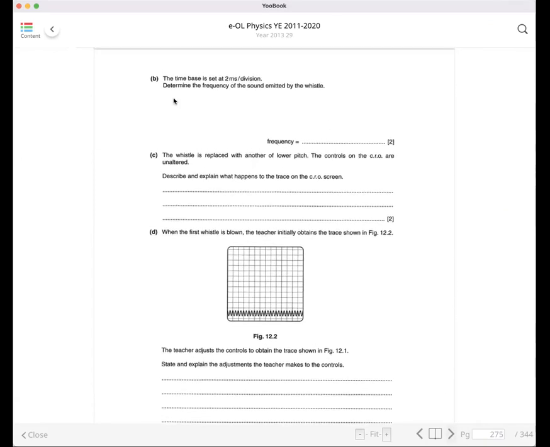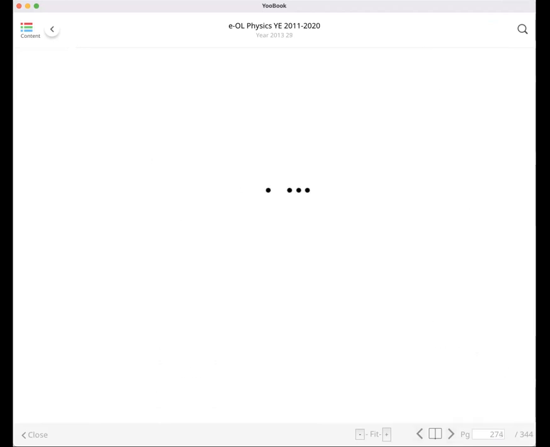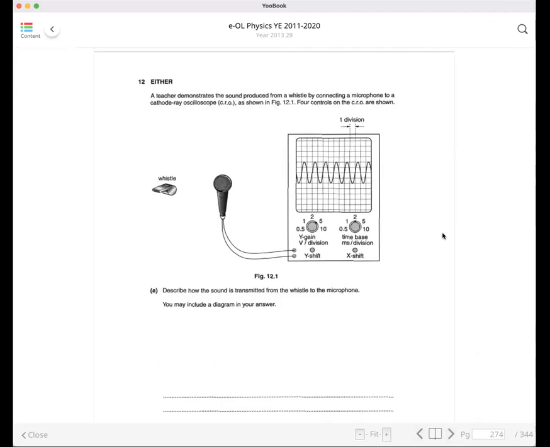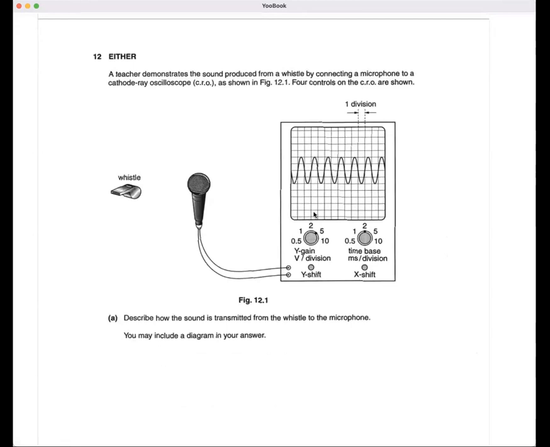Okay, let's do part B. The time base is set as 2 milliseconds per division. So find the frequency. So look at this. You set it at 2 milliseconds. So what is the frequency of this? Okay, can you all find that now? Can both of you do this question?